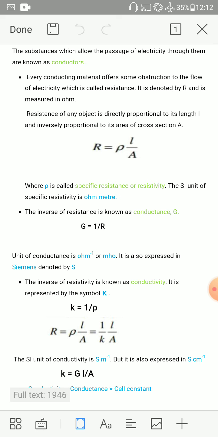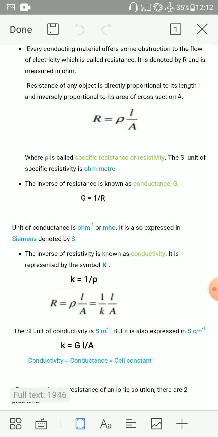It looks like K, but it is actually kappa, a Greek letter. So conductivity is the inverse of resistivity, kappa is equal to 1 by rho.